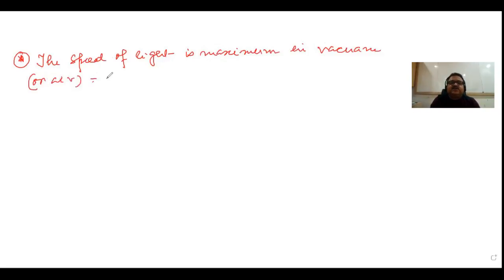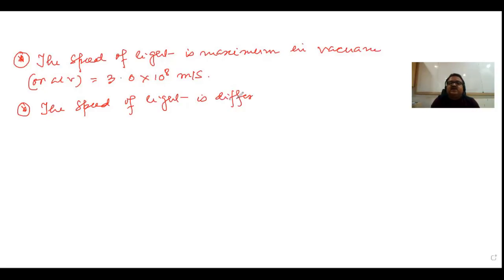And that is approximately 3.0 into 10 to the power of 8 meter per second. Number two, the speed of light is different in different media.